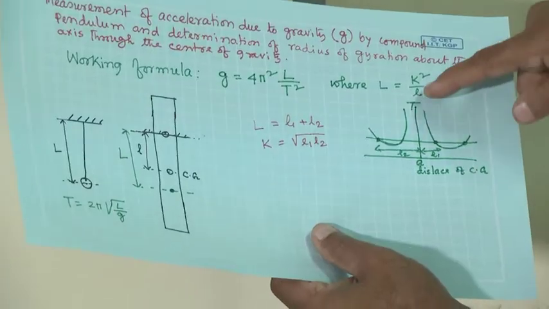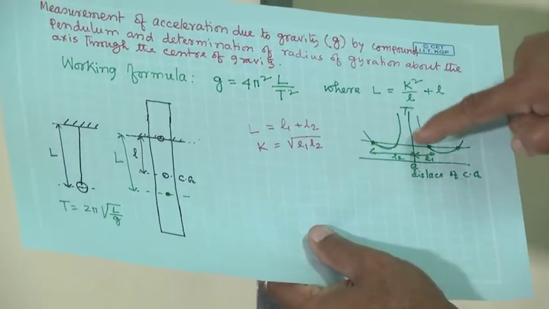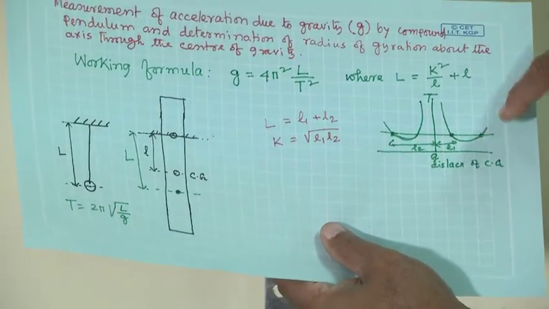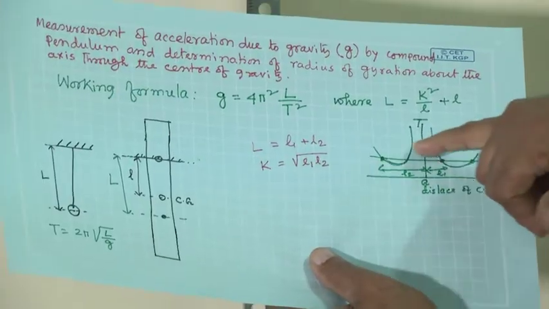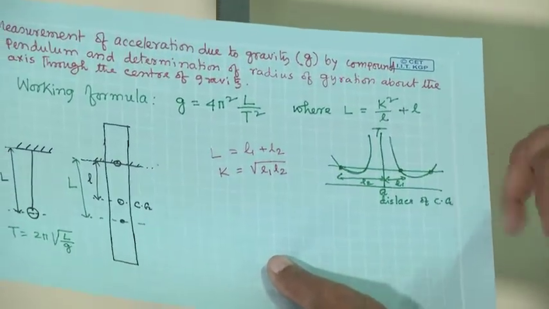If you vary the distance of the center of gravity from the axis of rotation, measure the time period at different distances on both sides, and plot time period versus this distance, then you will get this type of curve, symmetric with respect to the center of gravity.